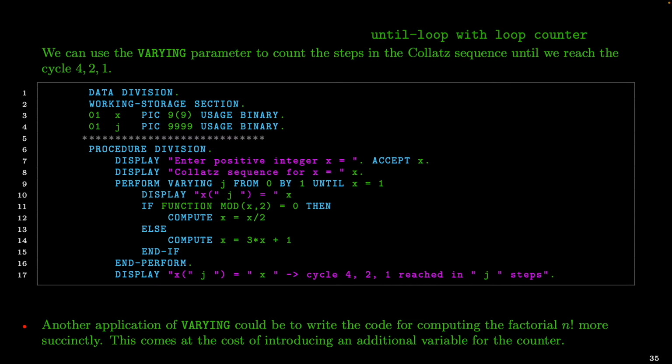As another application of the varying clause in the perform statement, we could modify our code for computing the factorial of an integer number. So we could make it a bit more succinct, but this would come at the cost of introducing an additional variable for the counter. Let's see how we do that.